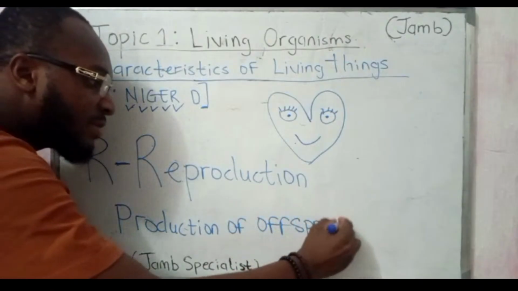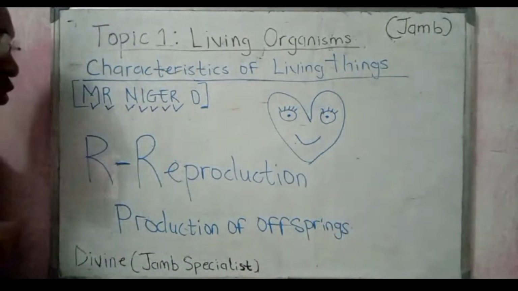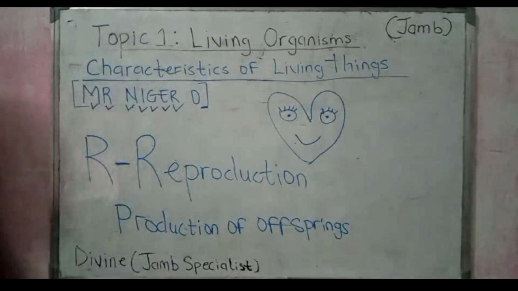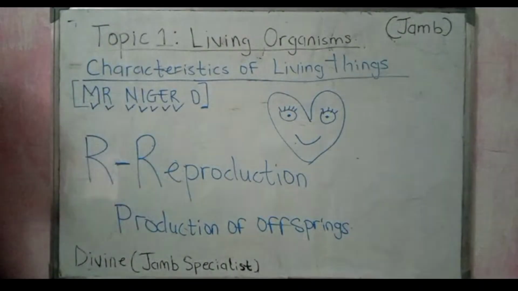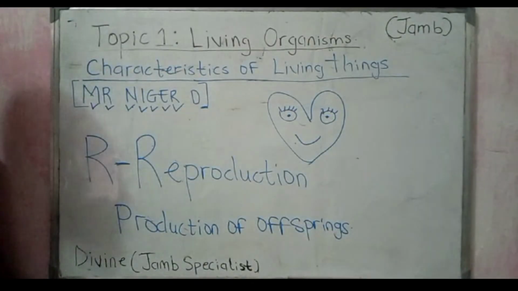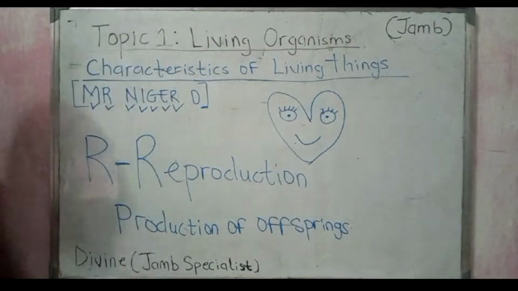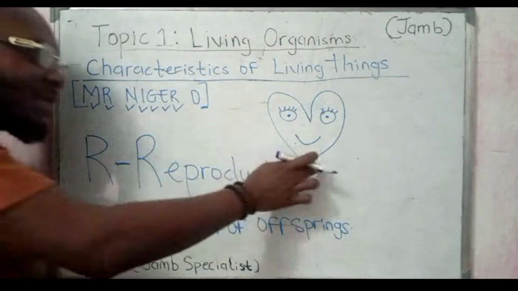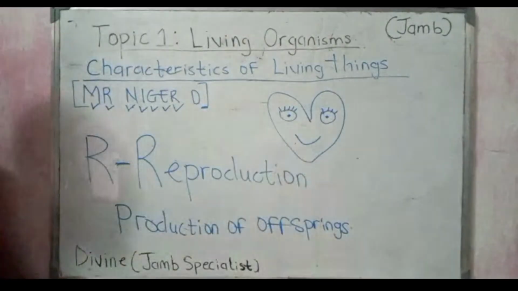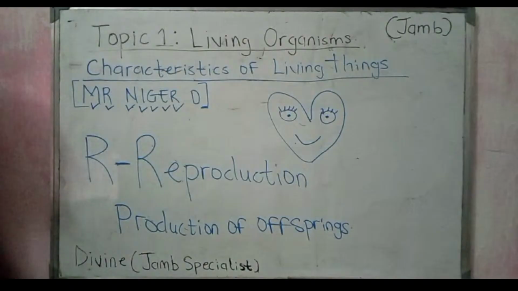Bouncing baby boys, bouncing baby girls, mosquito giving birth to more mosquito, goats giving birth to goats, cow giving birth to cow, lion giving birth to lion, eagle giving birth to eagle. That is reproduction. You will not see where a monkey will give birth to a human being. Leave all those things that they say we came out from monkey, it's a lie. Me, I no come out from any monkey.